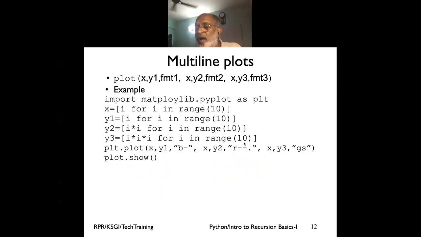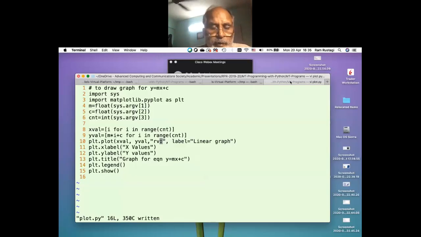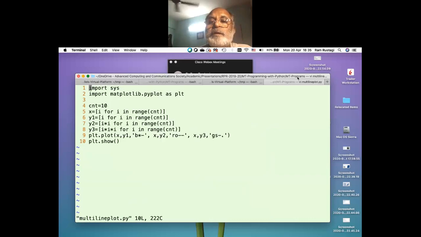So this will show you a graph with linear, square. Let me see if I can show you that. I think I have got this. Look what I've done. y1 is linear, y2 is square, y3 is this, and I'm plotting these three graphs. So let me run this graph.